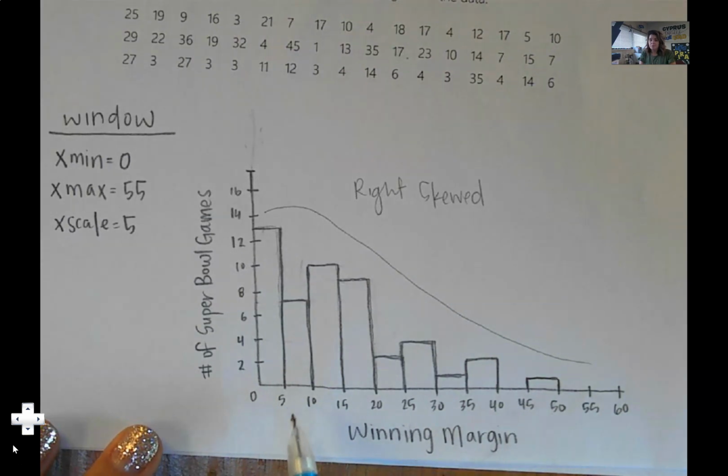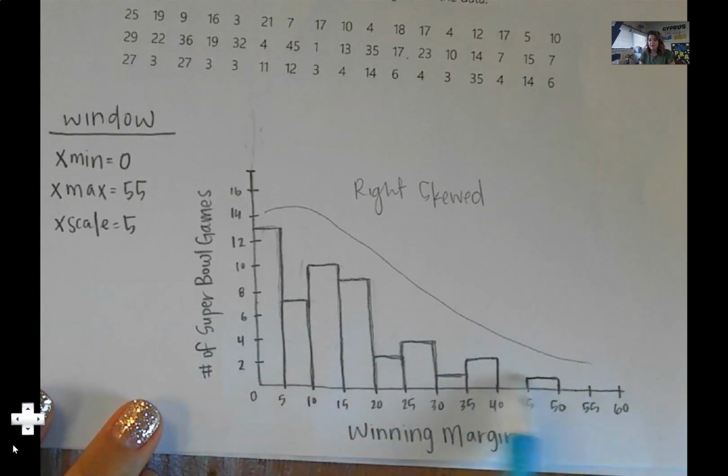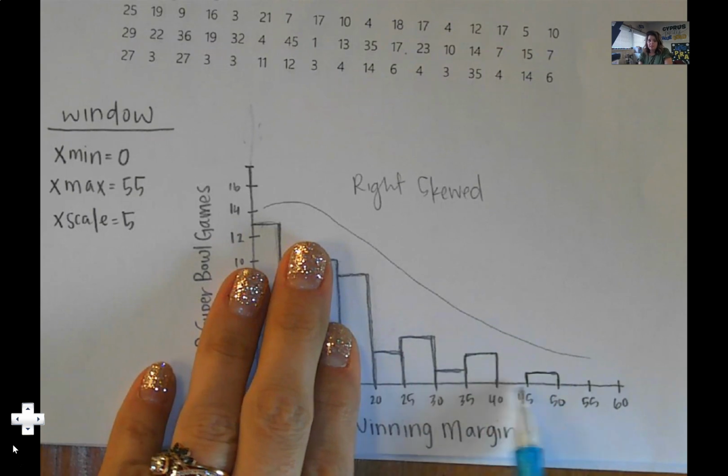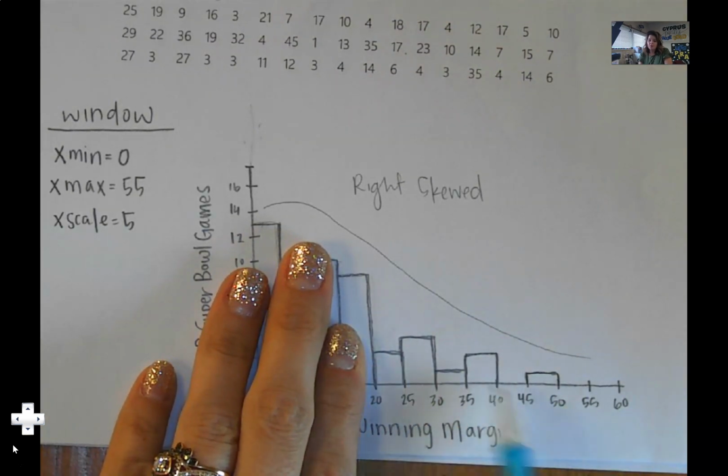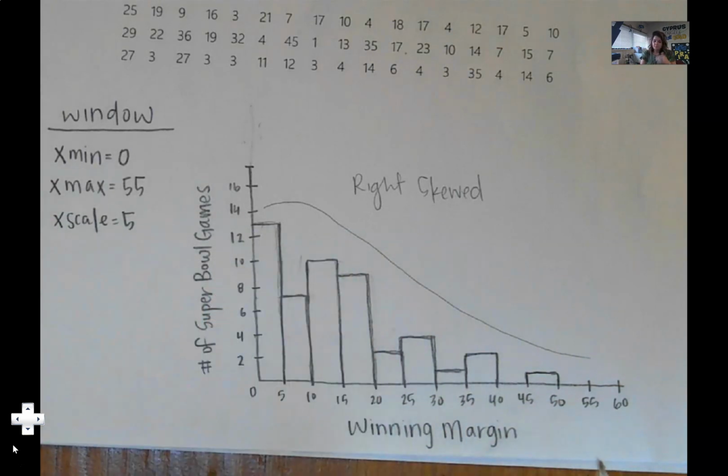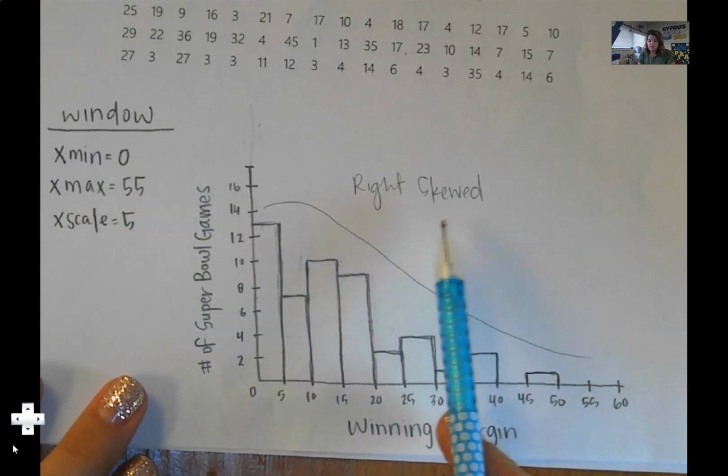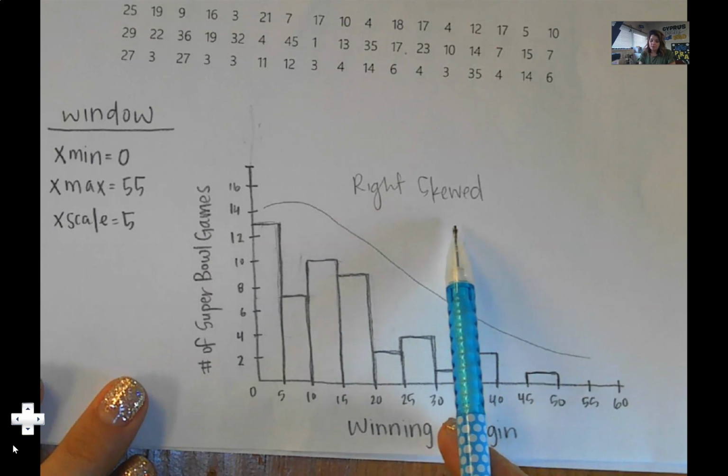And that makes sense to me because you're hoping that at the Super Bowl, it's 2 of the best teams playing. And so they're both fighting the entire time to take the lead. These games were probably really boring and disappointing because it's so hard to come back from being 20 points behind or 40 points behind. So this is definitely right skewed, and that makes sense to me.